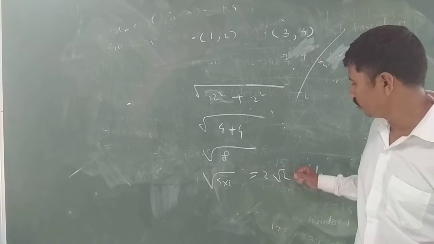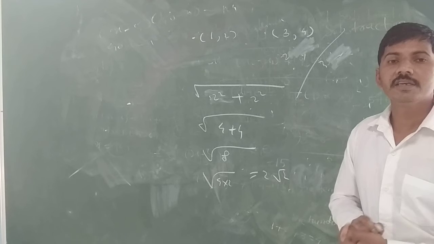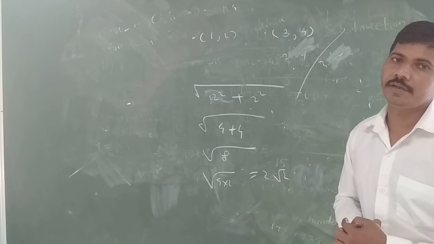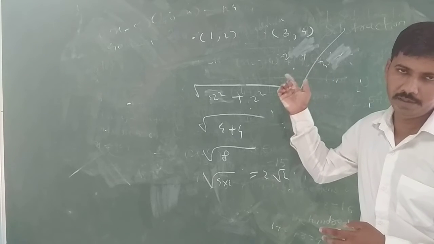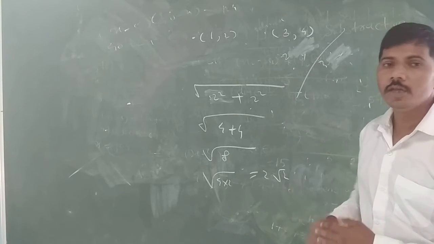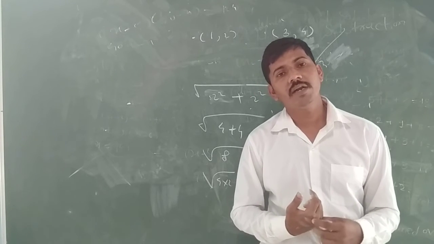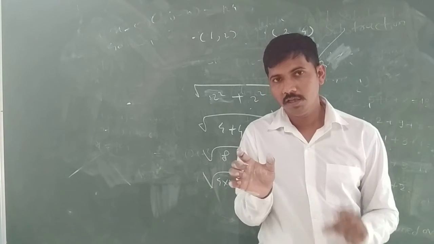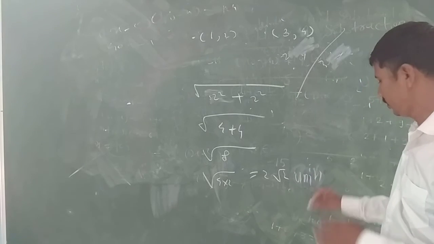If you have written only 2 under root 2, in this case you will not get a mark. Whatever the distance, if meter is given, kilometer is given, you have to write it here. If no unit is given, then you have to write the word units. Remember this thing. Okay.